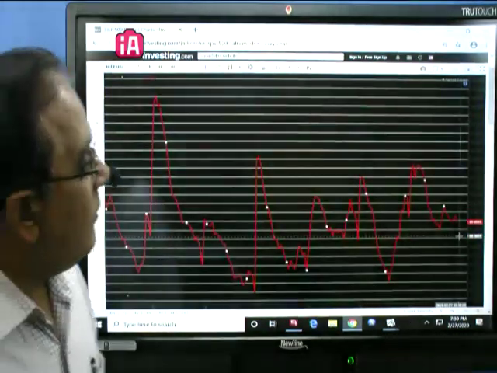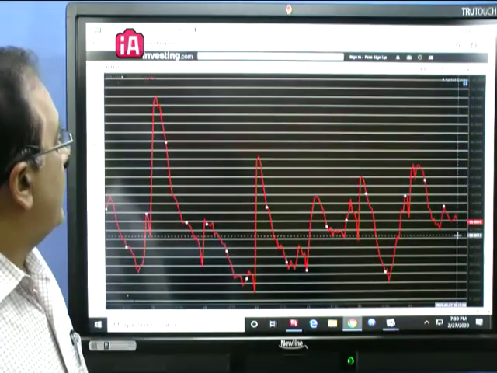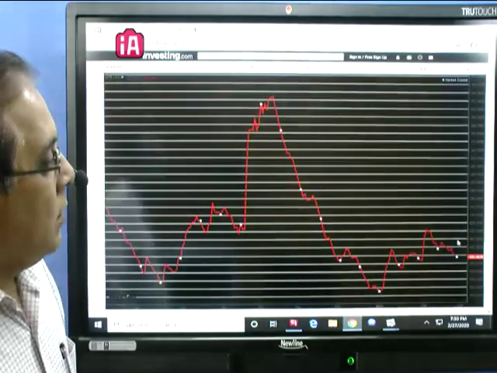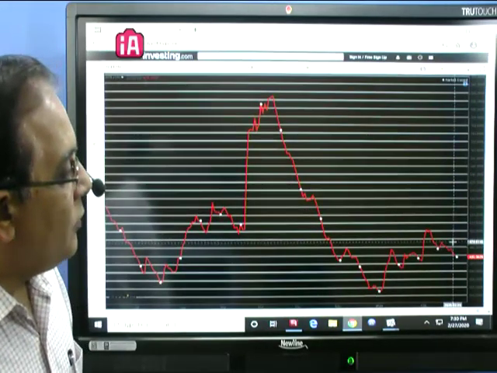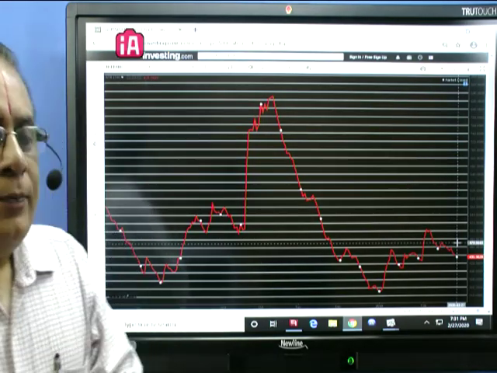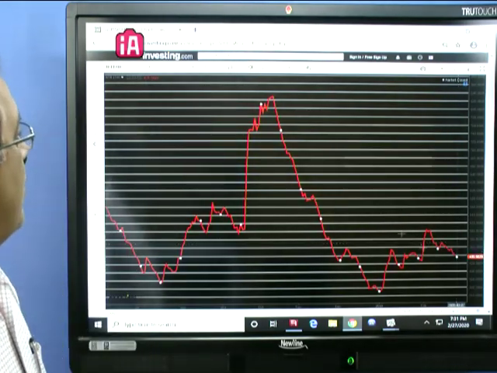If you look at the average range for Bank Nifty on a daily chart, it's something like 435 points. Right now, its average range is close to 435 points.